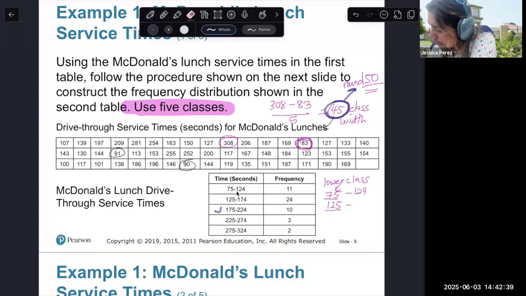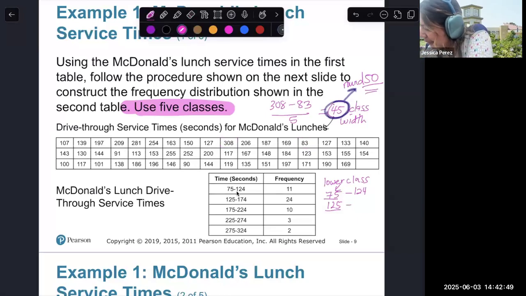Well, we're going to tally those. So anywhere between 75 and 124, how many tick marks do we have? Well, here's 1, 2, 3, 4, 5. Remember, up to 124. 1, 2, 3, 4, 5, 6, and then we have 7, 8, 9, 10.